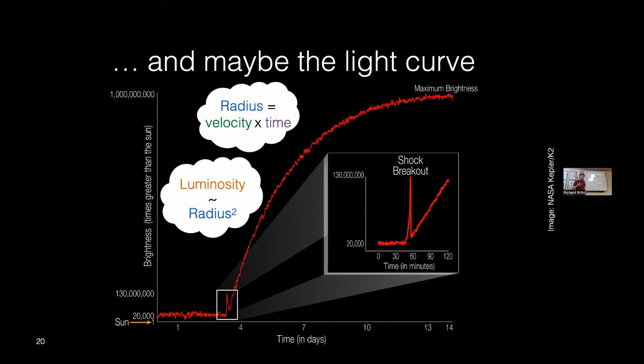And if you then also have a good light curve, like this exceptional light curve taken by the Kepler satellite, which normally we don't have, and you know the time of explosion very well, then you have all the ingredients that you need to calculate your luminosity.